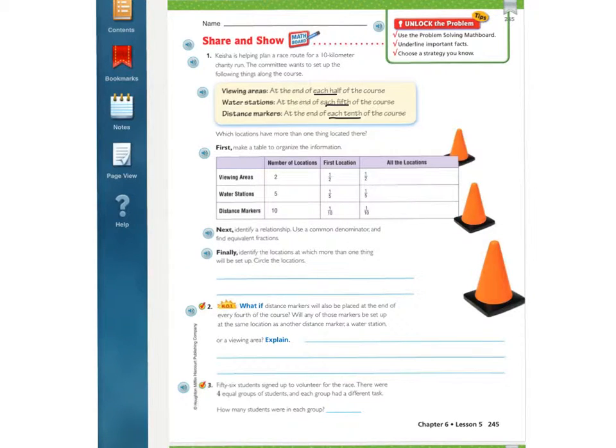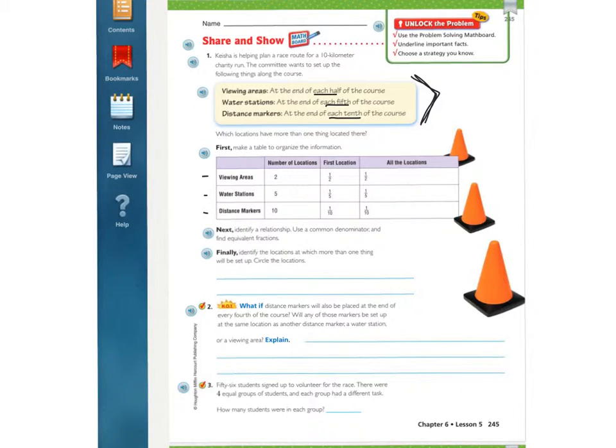Get it? They're asking which of these things have a common location, common denominators. So first we're going to make a table to organize the information. Here you see the three areas: viewing areas, water stations, and distance markers.